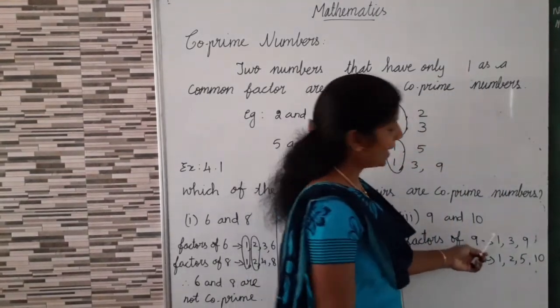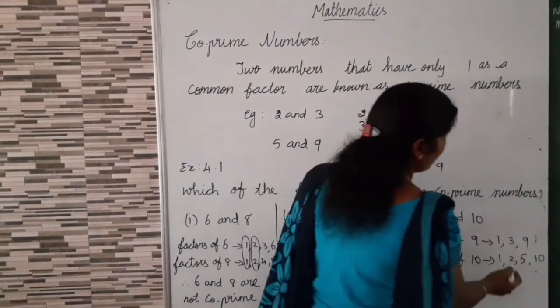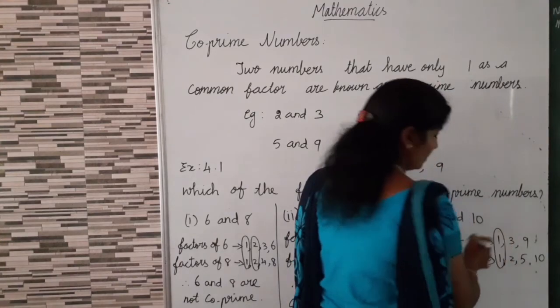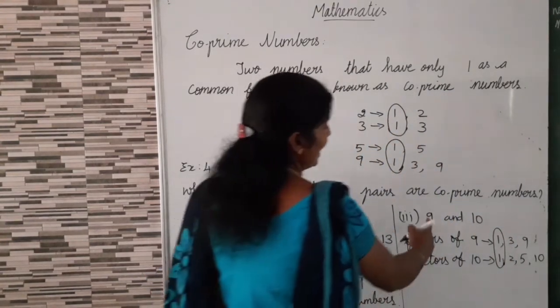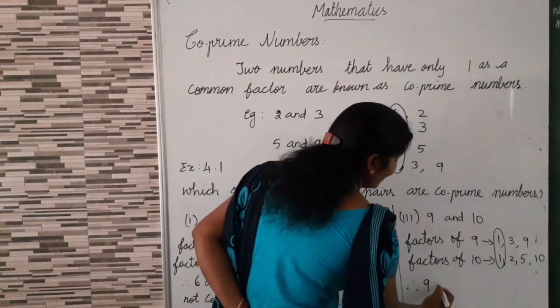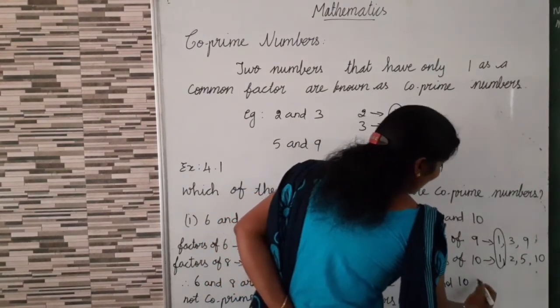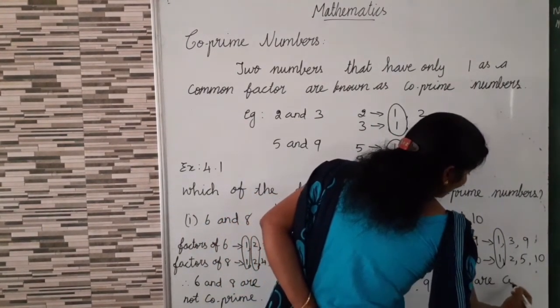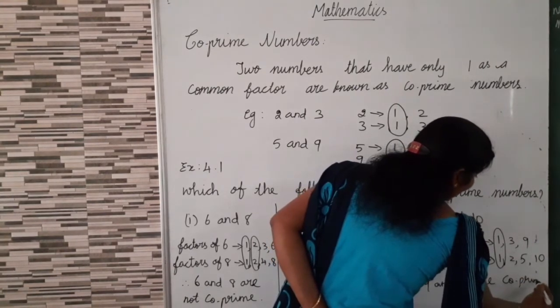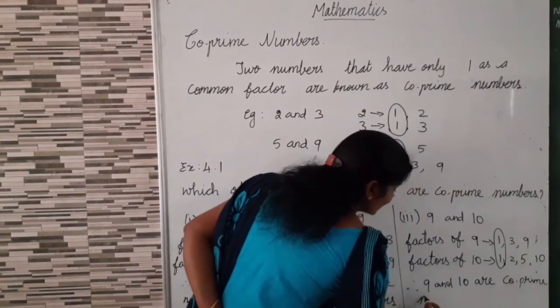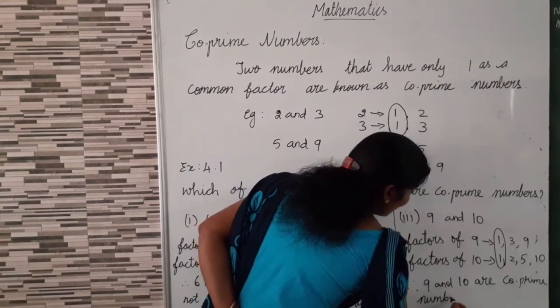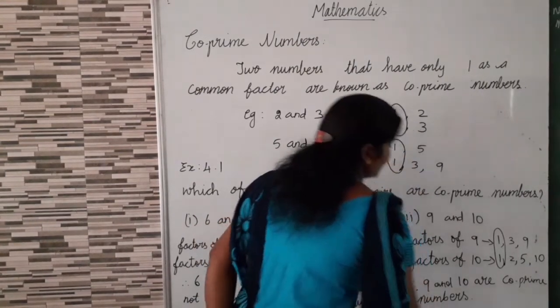Here only 1 is common. Therefore, 9 and 10 are co-prime numbers.